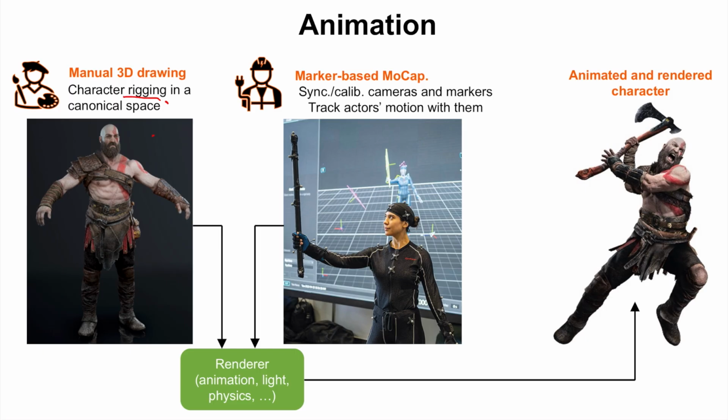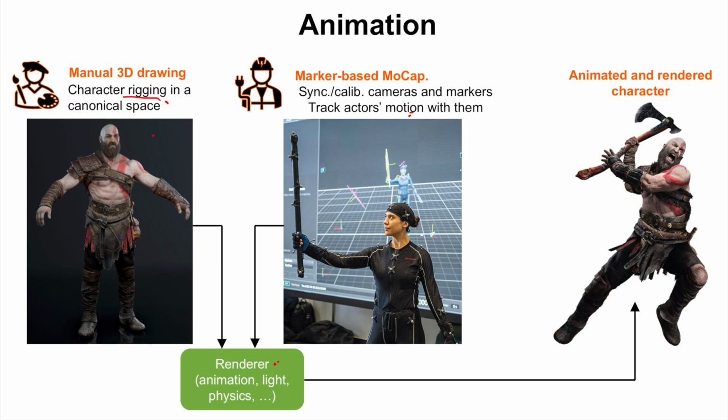And then we can use marker-based motion capture, or we can use markerless motion capture. Anything is okay. Markerless motion capture means we can estimate 3D human pose from images or videos. Anyway, we prepare a canonical character, and then we have motion information. Then we combine them in a mathematical way to get an animated and rendered character.